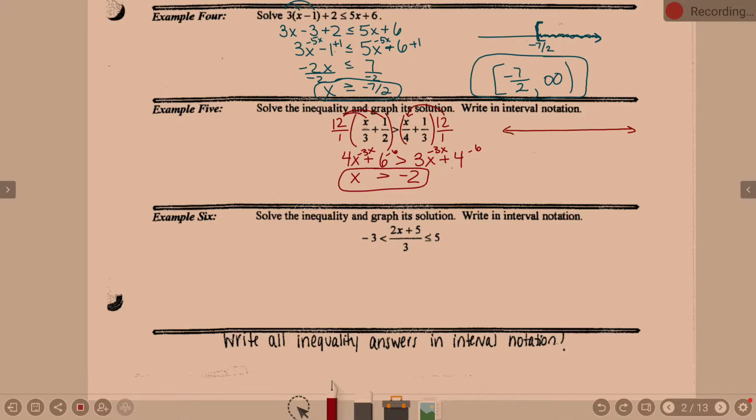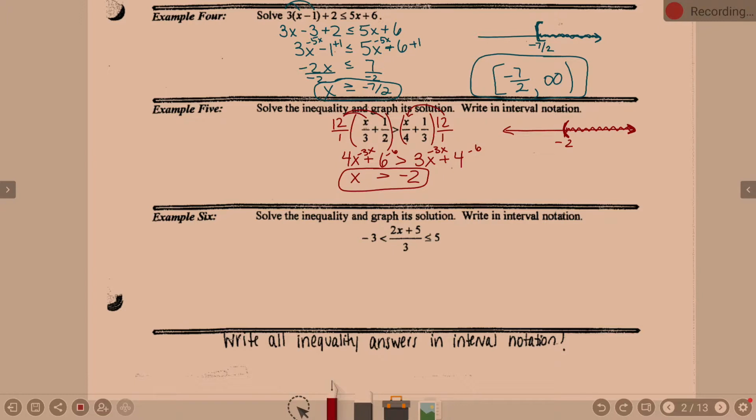Again, I'm going to go very basic though. If we're graphing x greater than negative 2, what does that look like? Doing a parenthesis this time because it's not equal to. Shading it to the right.